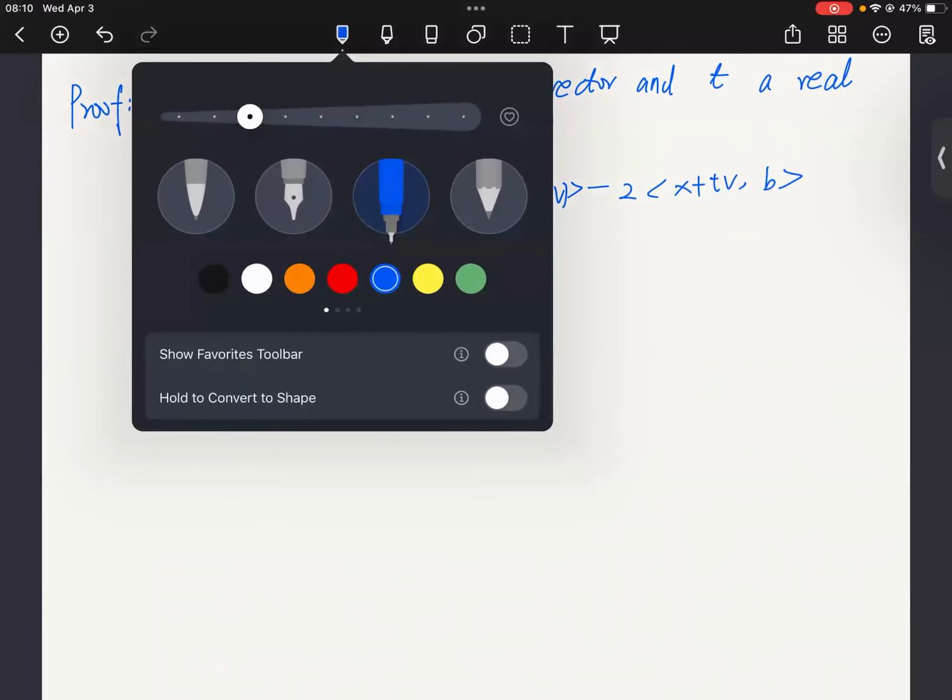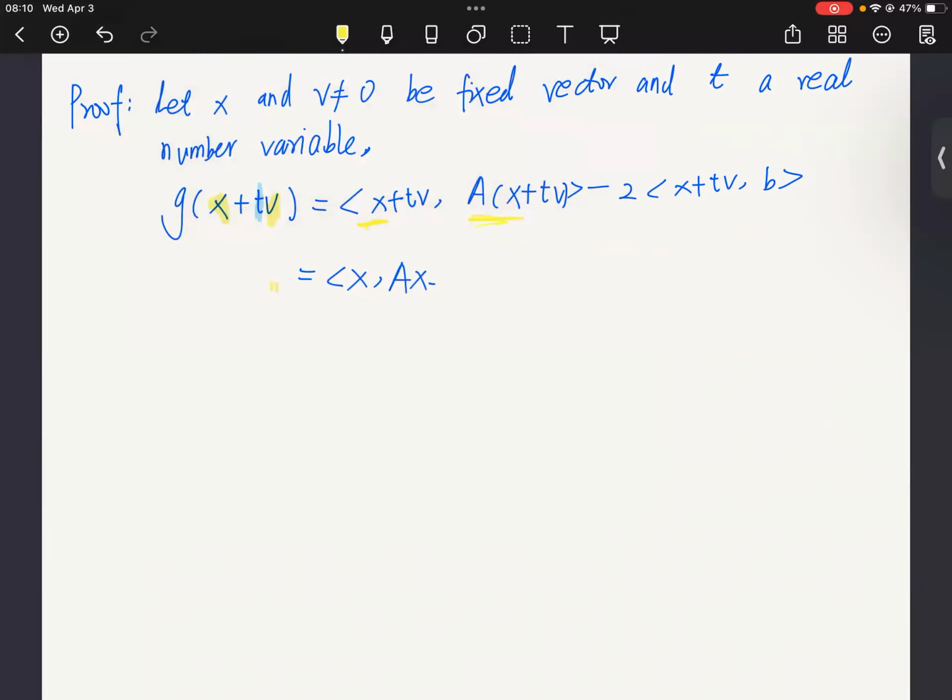Let us do it one by one. I prefer this way: x multiplied by Ax, and then the next is x multiplied by A t v. So I got x and then A t v, but t is a number, so actually we can just take it out of the inner product parentheses.